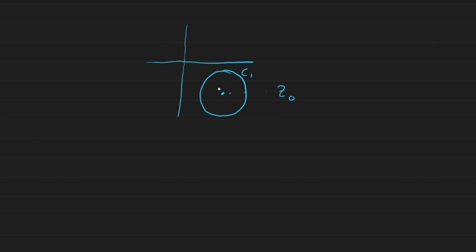Just around the singularity itself, we have another curve. So we'll call that maybe C2. Okay, I'll just draw it a bit bigger. So that inner curve is C2. So the region that we're considering in this particular scenario is actually between these curves C1 and C2. So it's actually this region inside.